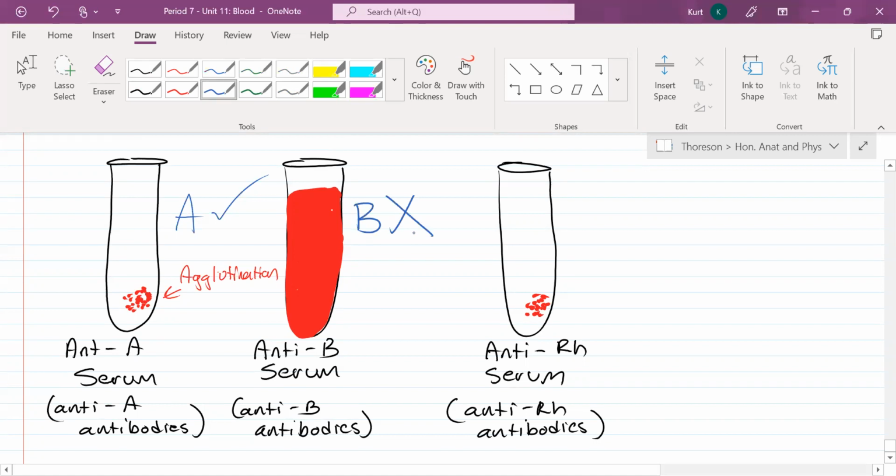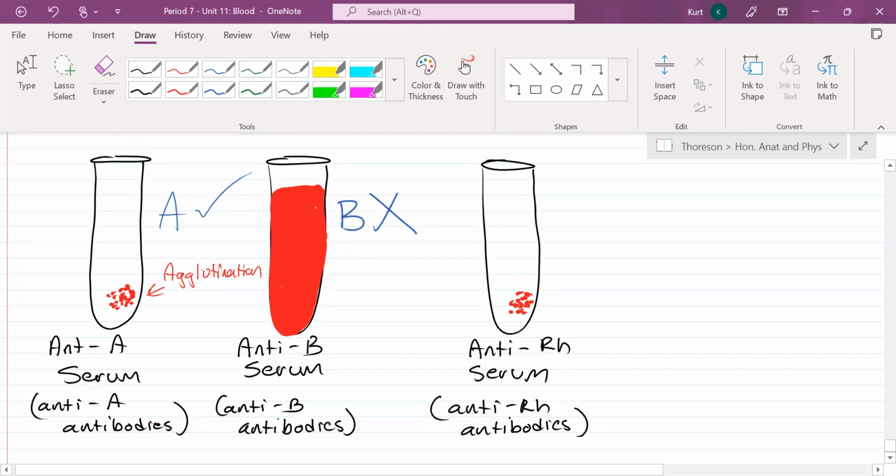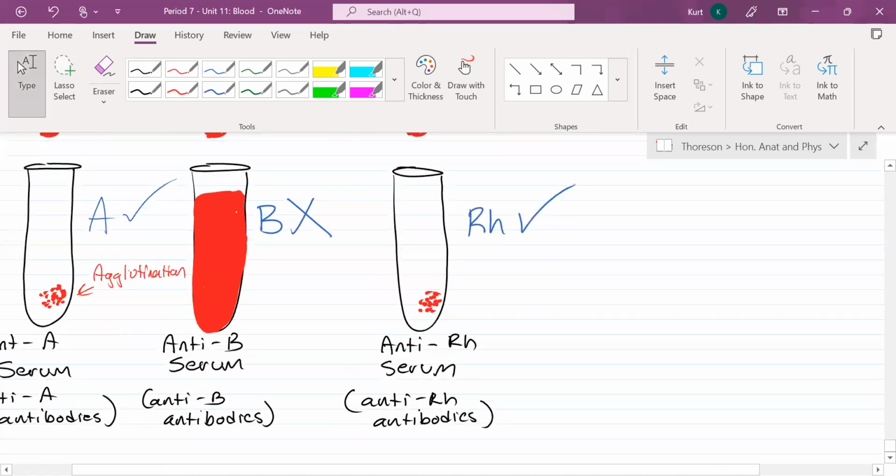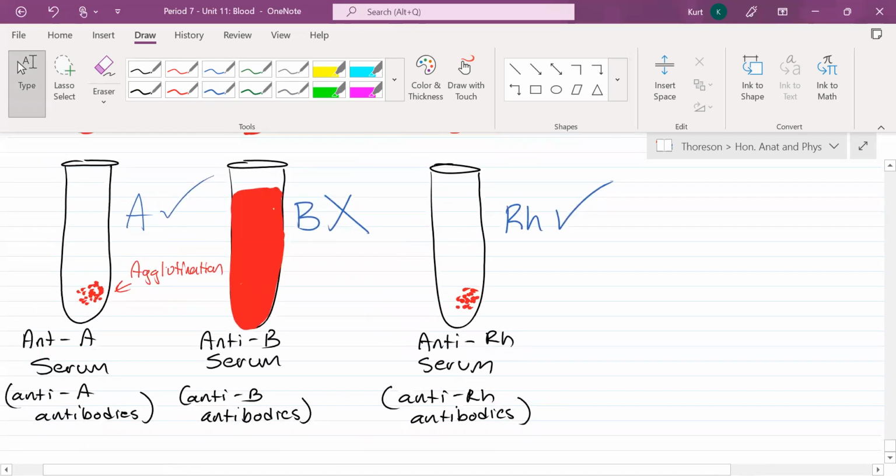She doesn't have B. And then Chris, I put her blood into the RH serum and it did react. The antibodies in this vial attacked her cells and it chunkified. Does she have the RH factor? Yes, she does. So for RH, she's positive. So what is Eva's blood type given these results? She is A positive.